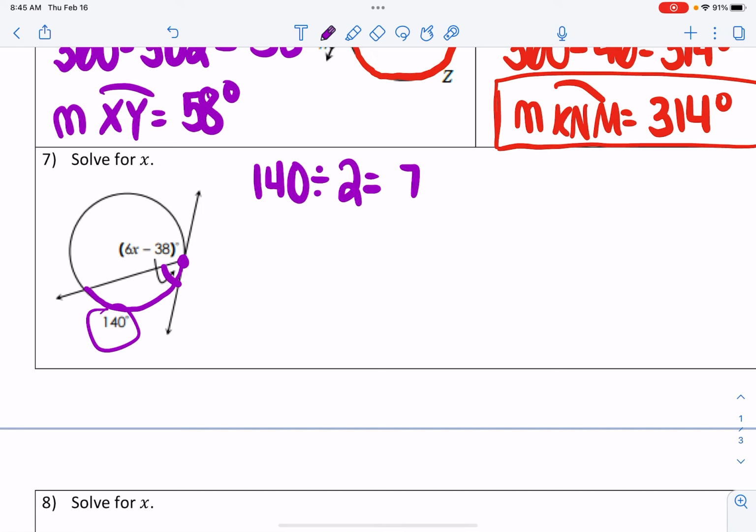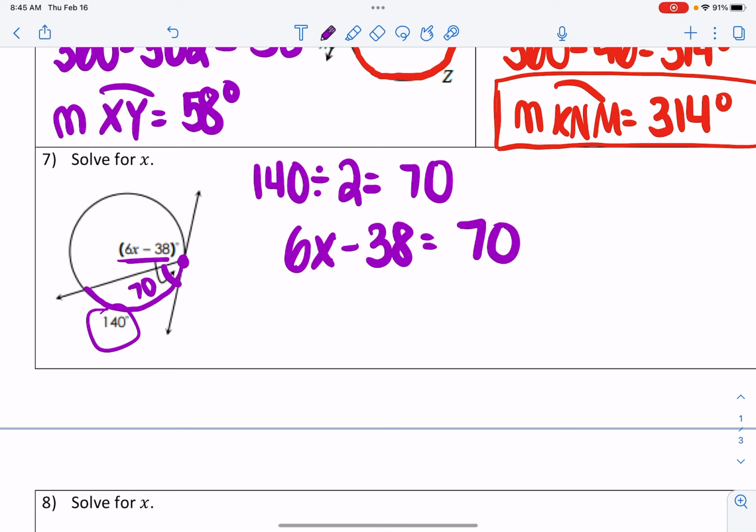And so that's going to be 70. Is the angle, okay? And then from there, 6x minus 38 and 70 are in the same location. So I'm going to set those two parts equal to one another, okay? That's the easiest way to do it without having to multiply by the fraction 1/2.